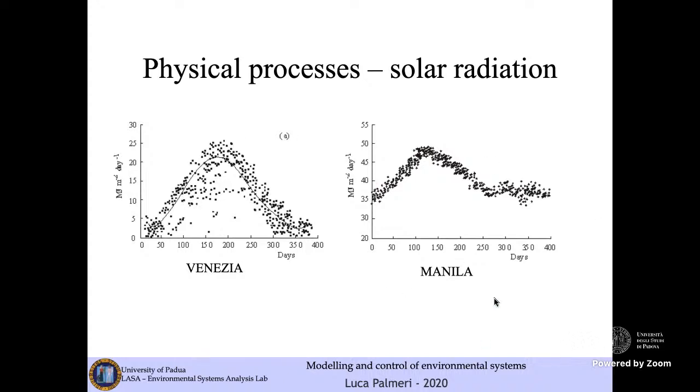If, for example, we look at different latitudes, for example, Manila, that is in the Philippines, in a tropical area, we have a very different distribution of incident solar light due to the fact that at tropical latitude we have tropical climatic conditions, so that there is the so-called rainy season in which you have a very low quantity of incident radiation from the sun, because in these cases the sky is covered by clouds.